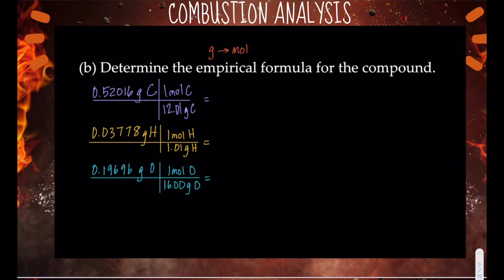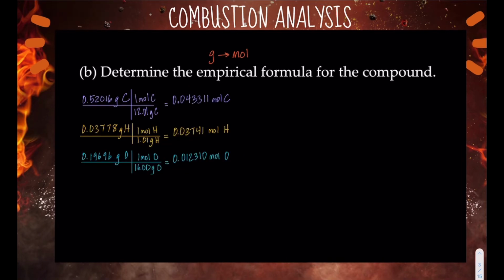Let's divide to convert to moles. For moles of carbon, we got 0.043311 moles of carbon. For moles of hydrogen, we got 0.03741. And for oxygen, 0.012310 moles. Remember, when solving for the empirical formula, once we convert from mass to moles, the next step is to divide by the lowest number of moles.